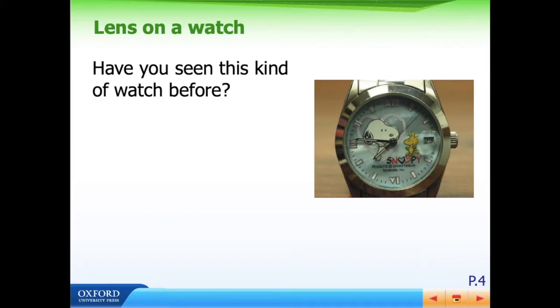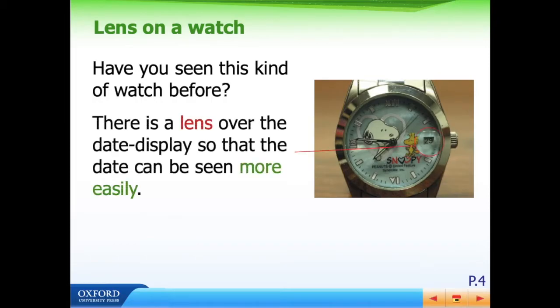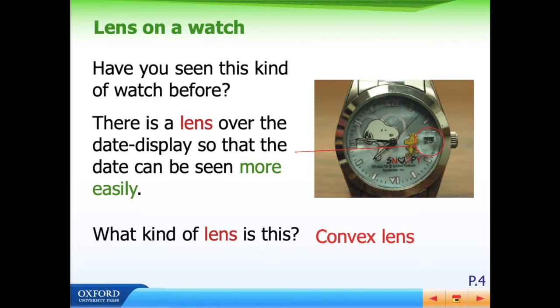What is interesting in this watch is that there is a lens over the date display so that the date can be seen more easily. The question is, what kind of lens is this? Probably you already have a good guess. Basically, this is a convex lens.